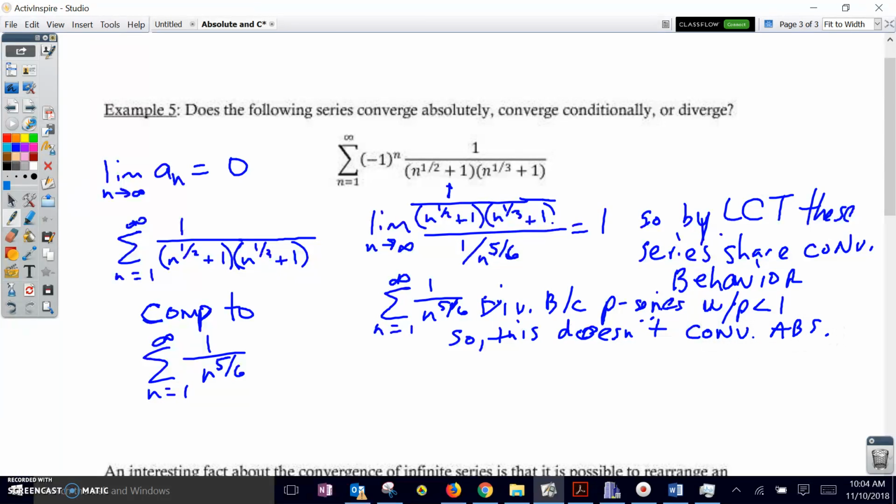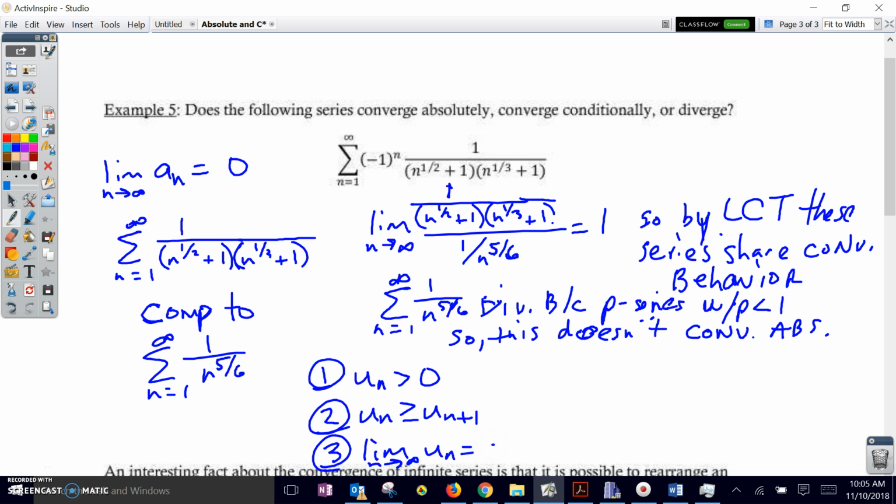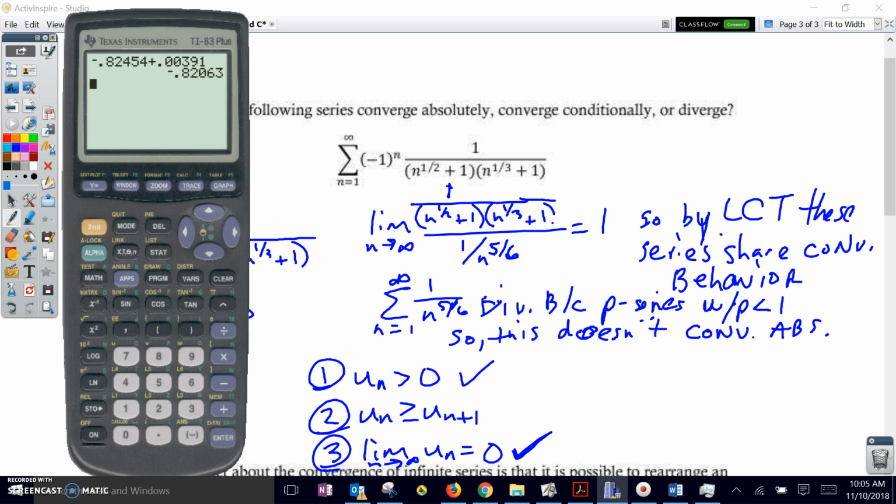So then I need to run the alternating series test on u sub n. Is u sub n greater than 0? Is u sub n greater than or equal to u sub n plus 1? Does the limit as n goes to infinity of u sub n approach 0? These are all positive. They indeed do approach 0. Now the only question is, is u sub n greater than or equal to u sub n plus 1 for all values of n greater than a certain point? I'm going to have to be quick here.